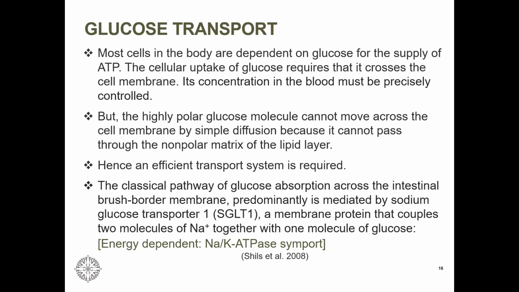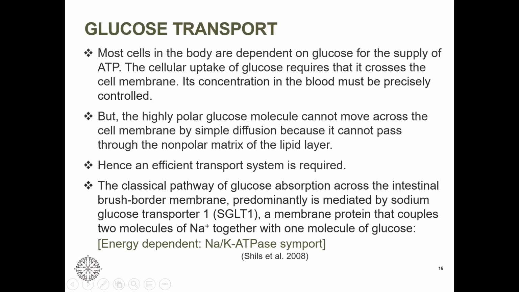But its concentration in the blood must be precisely controlled. Now, highly polar glucose molecules cannot move across the cell membrane by simple diffusion because they cannot pass through the non-polar matrix of the lipid layer.